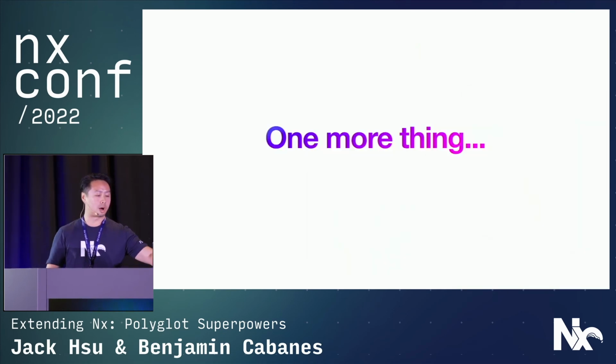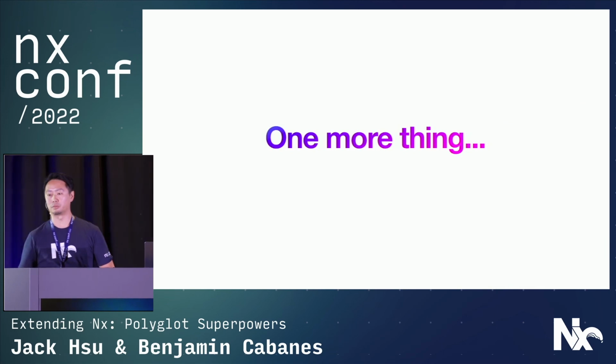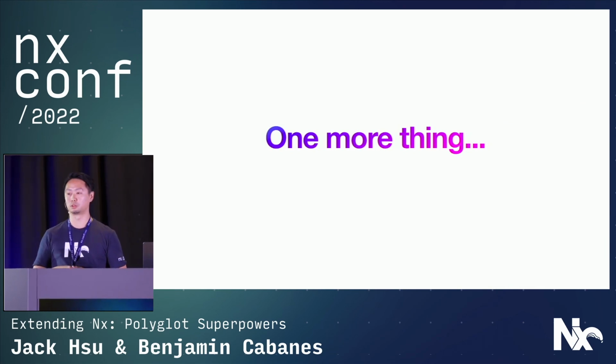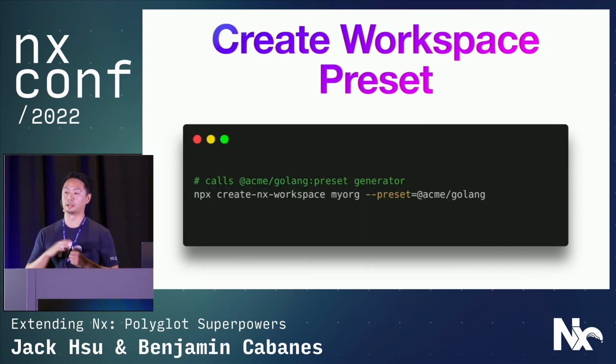So there's one last thing I want to cover. And this is if you do intend to publish your plugin to NPM to share it with the world, you want to add a generator called preset. And this is a special generator, so when the user creates a workspace, they can pass in your package as a preset, and NX is going to check if this preset exists or not.